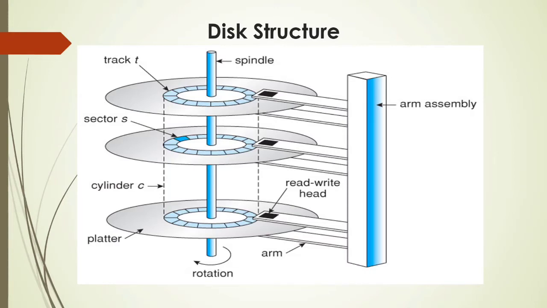This spindle helps the entire structure to rotate according to the processing speed. Once it rotates, the read-write head attached to the disk reads the data from each sector of a track.